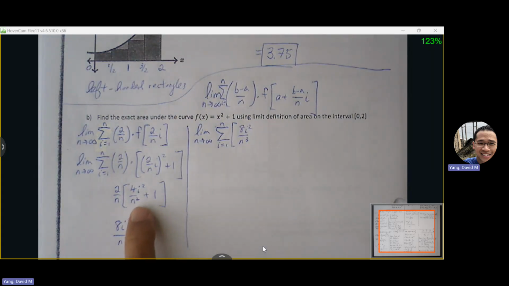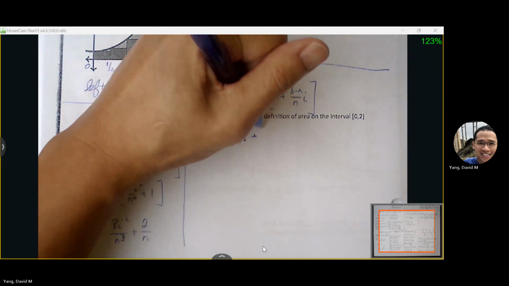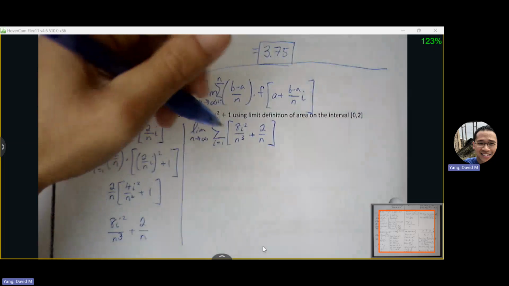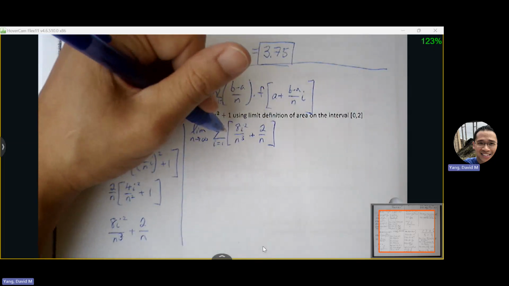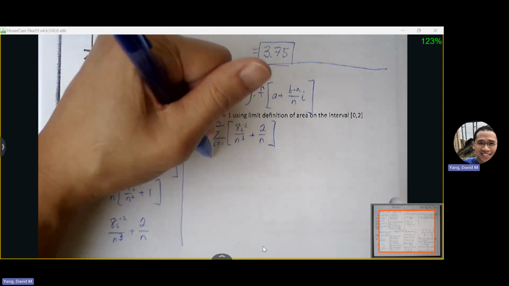I should have squared this, so this should be n cubed at the bottom here. Okay, I'm going to separate into individual summations, and along the way, I'm going to push out any numbers and n's in front.